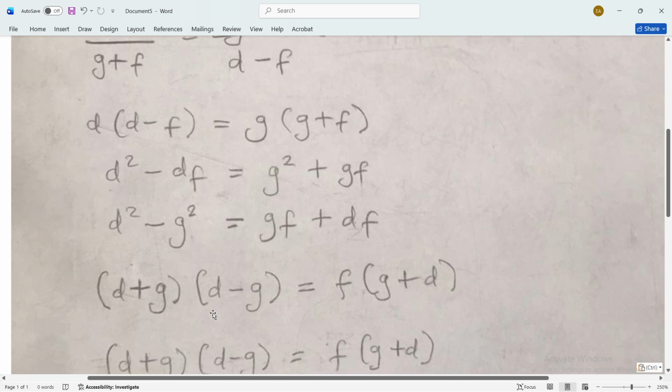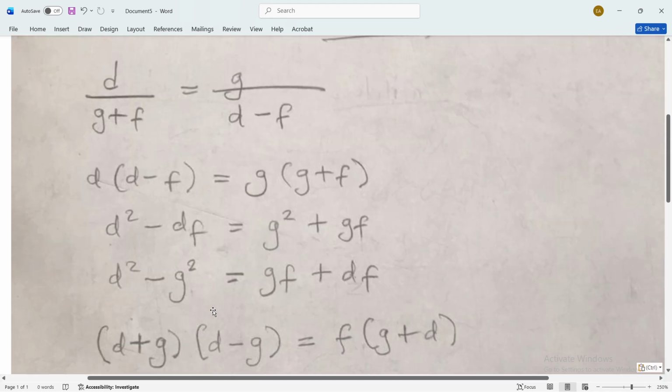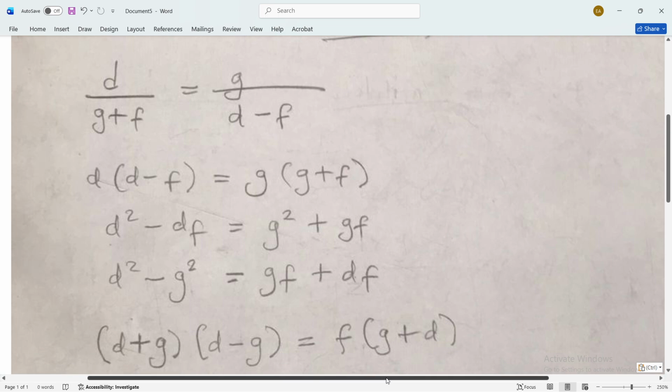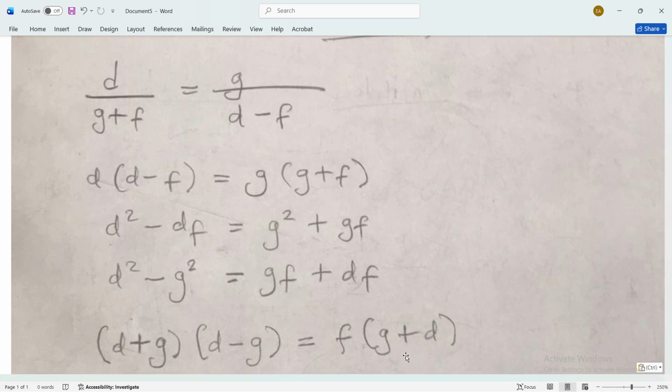Here we factored out f, but f is not independent. F is dependent on all in brackets j plus d here. So what we have to do is divide the equation by j plus d all in brackets, for f to become independent, because it is currently dependent on all in brackets j plus d.